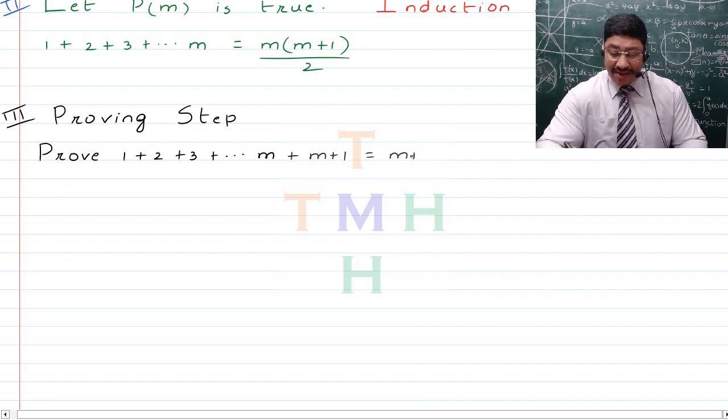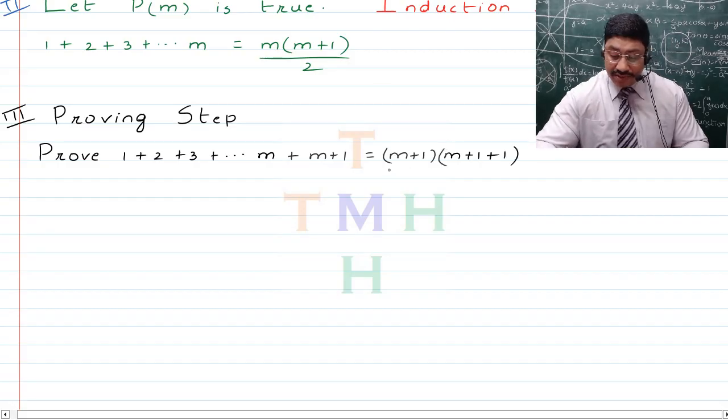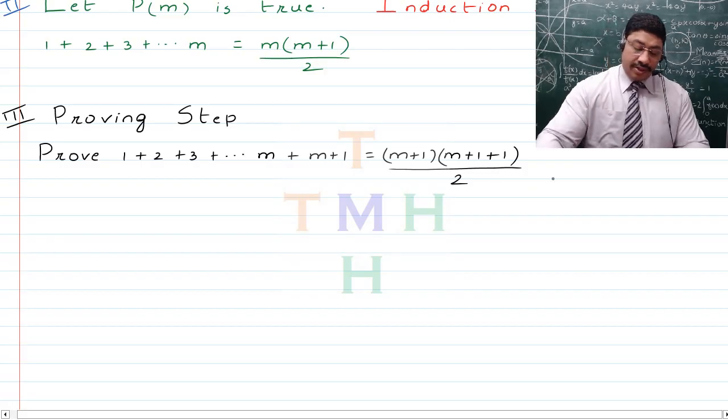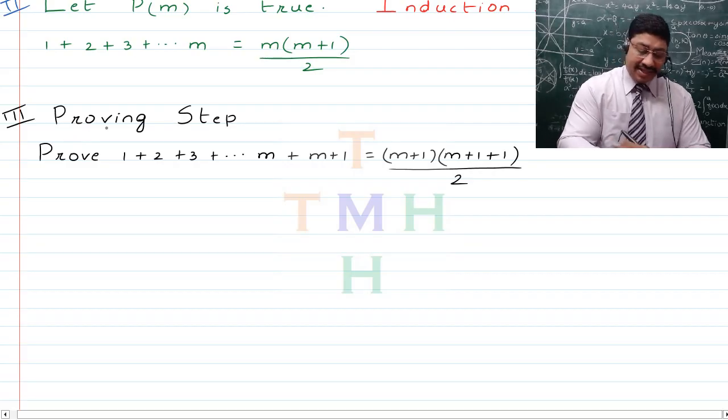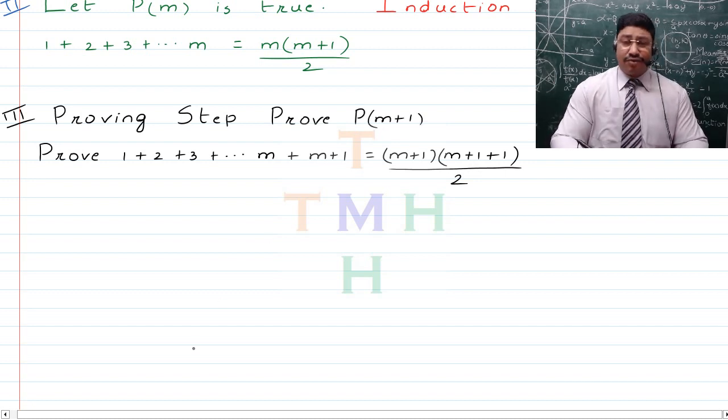As such, we will have m plus 1 in place of m, and in place of m plus 1 we will actually have m plus 1, to which 1 also has to be further added, and all of this is divided by 2. So next, children, as we see that this is a statement which actually represents P of m plus 1, we can further say that this is the step which is to prove the statement P, where in place of n for the variable we have m plus 1 to be the variable, right? So this is what the third step is.